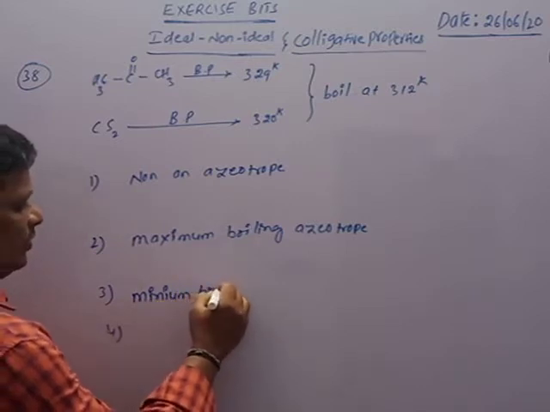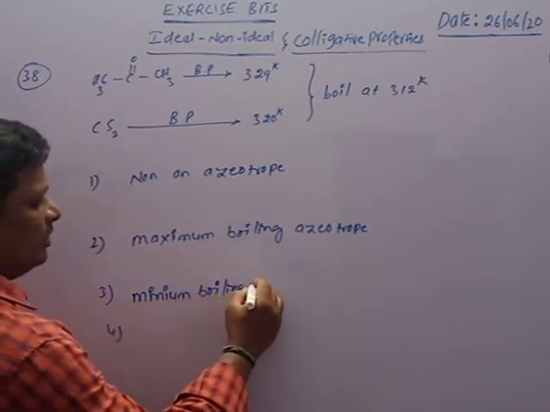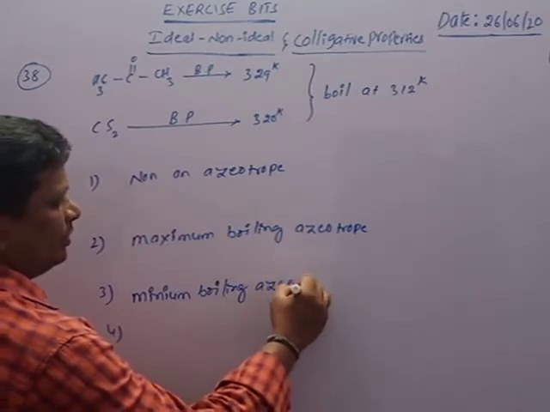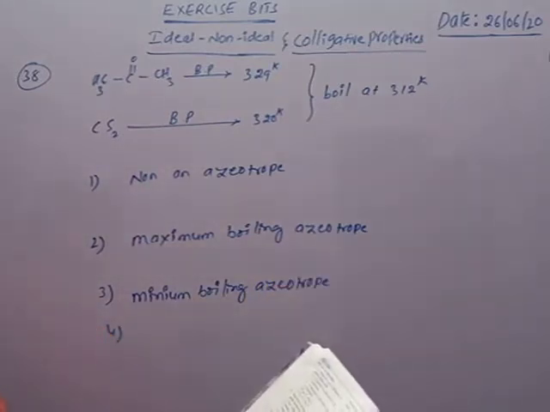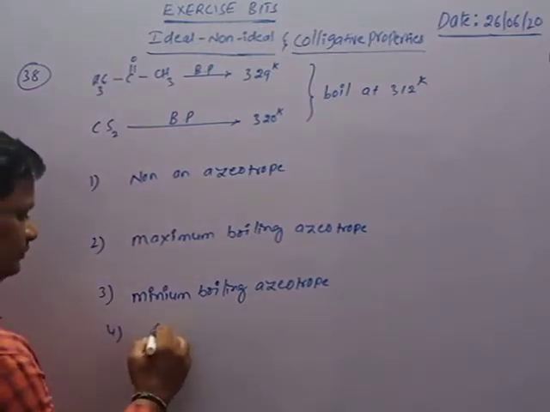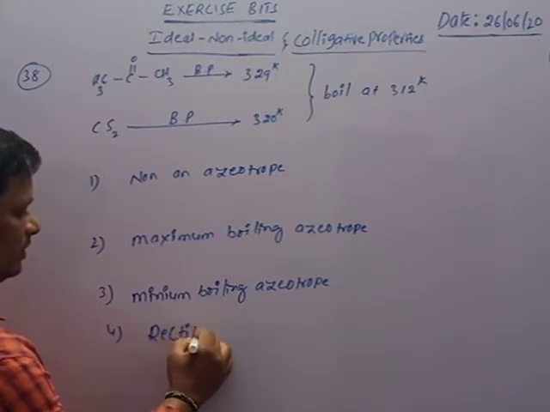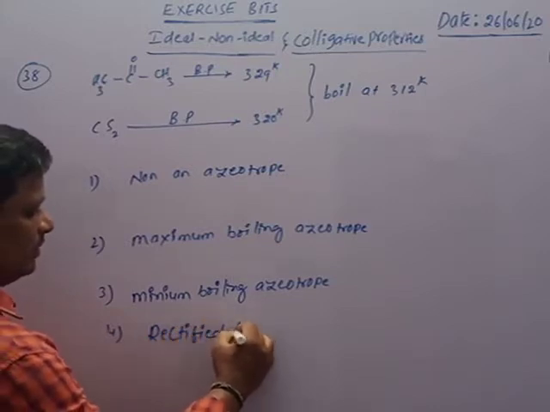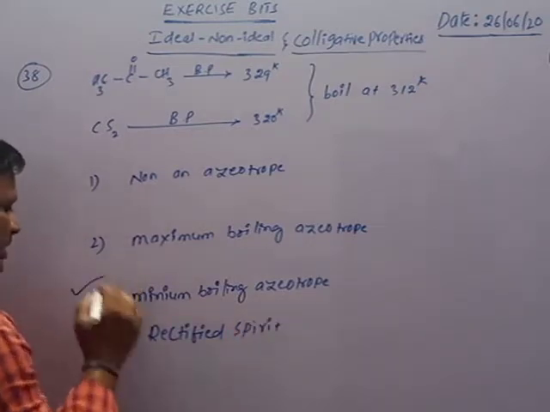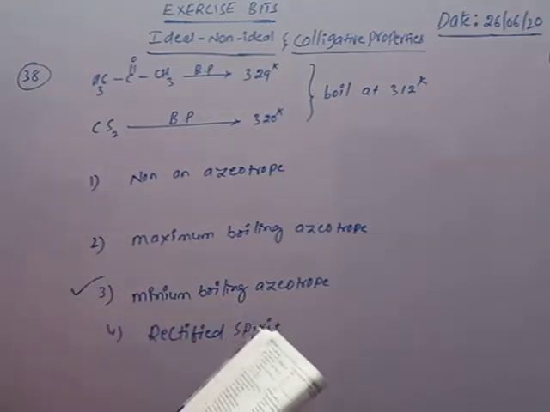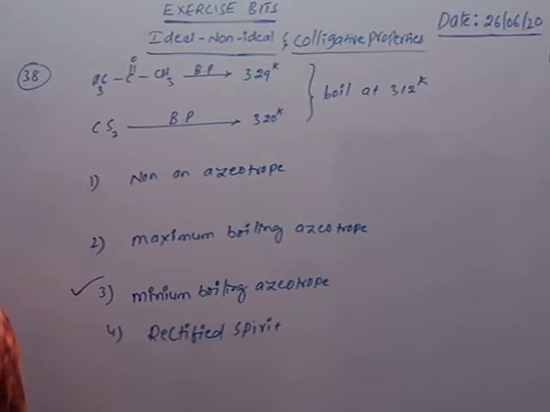And the fourth one is rectified spirit. The correct option is minimum boiling azeotrope.